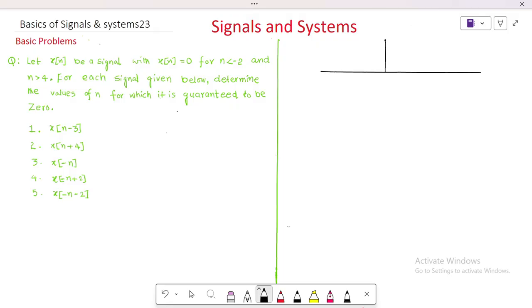This is x of n. x of n is given only from -2 to 4. So x of n versus n, with time values starting at 0. It has magnitude from -2, and in this example I am taking any magnitude.